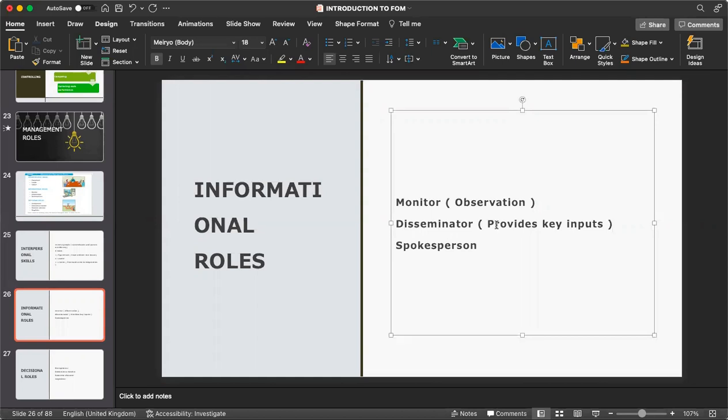That exactly will come under disseminator, because they are the ones taking out constructive information to the spokesperson, and the spokesperson will actually deliver that information to the public. That exactly will come under disseminator and spokesperson.